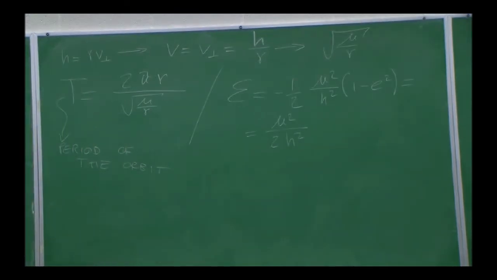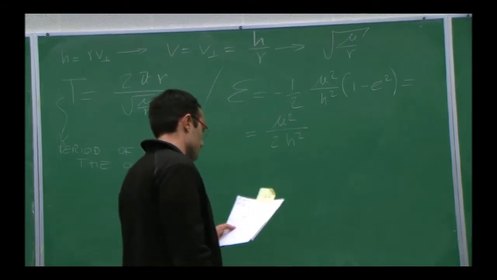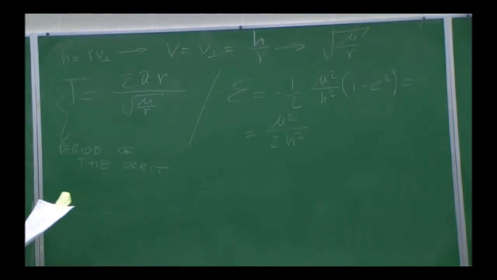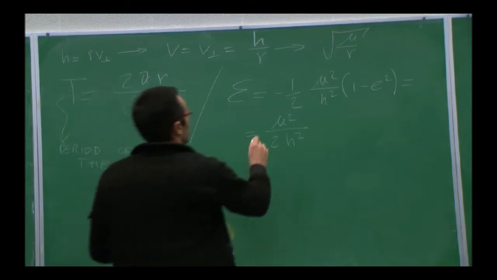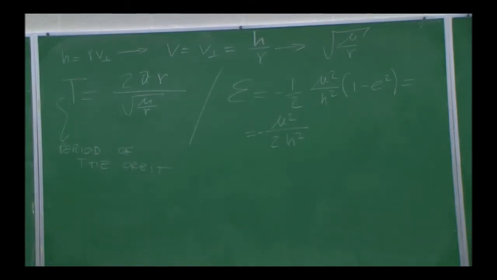Now mu over h, well, it's not there anymore. But there's a minus, right? Can I express that as a function of the radius only? Somehow.